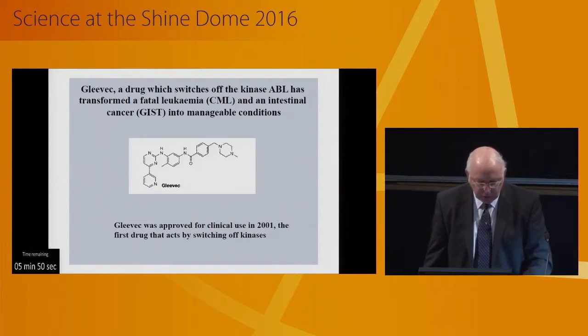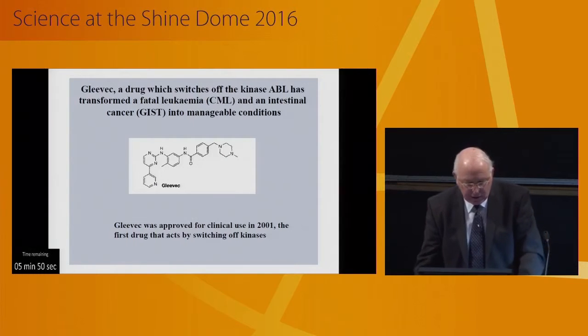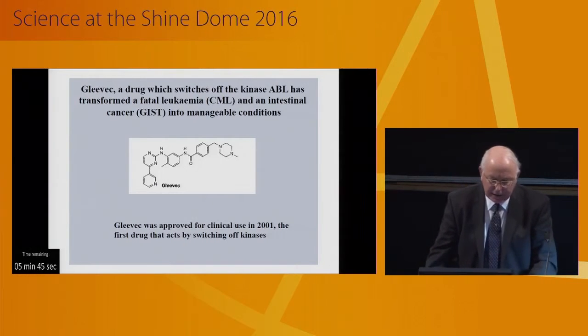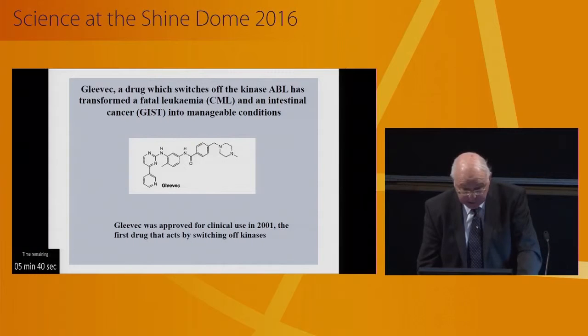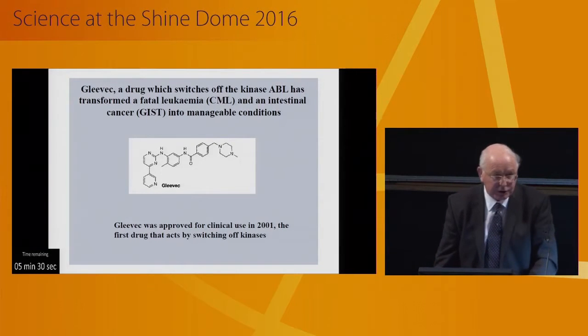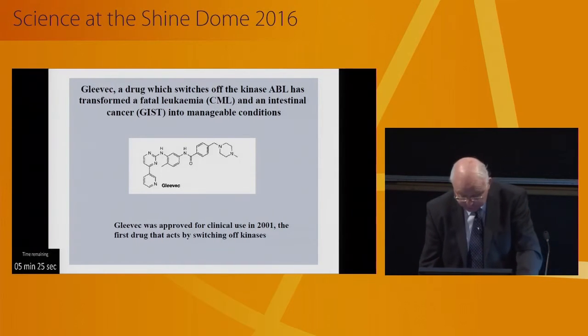It was a molecule called Gleevec, which has transformed a fatal leukemia and an intestinal cancer called GIST, a gastrointestinal stromal tumor, into a manageable condition. It was the huge financial impact of this drug and especially its clinical impact that galvanized the whole pharmaceutical industry into action.